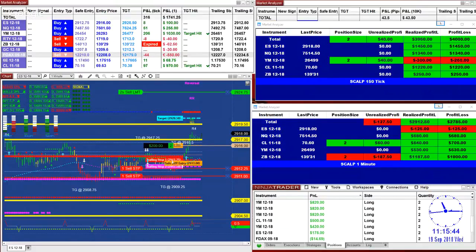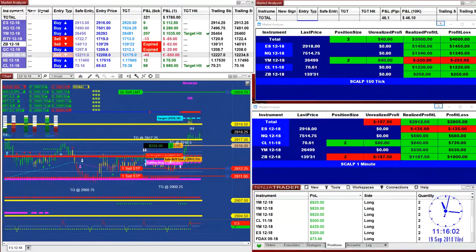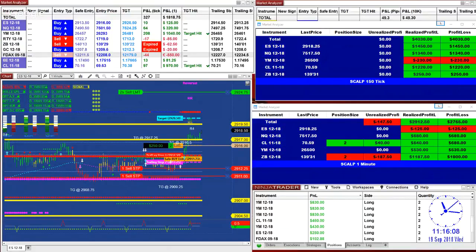There we go. We're lifting on this. The ES is about to hit the target, and the Nasdaq as well.